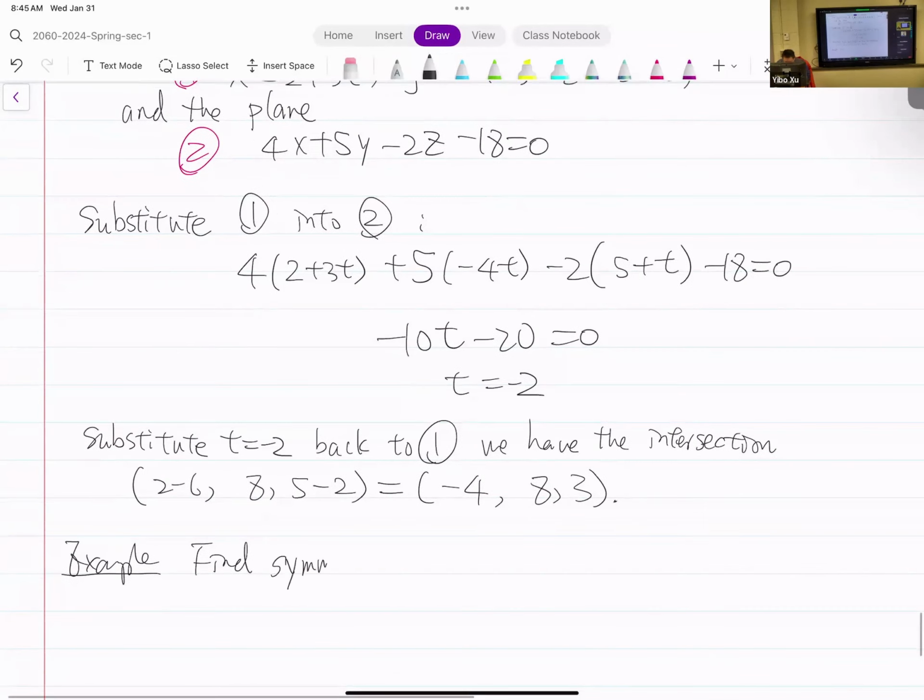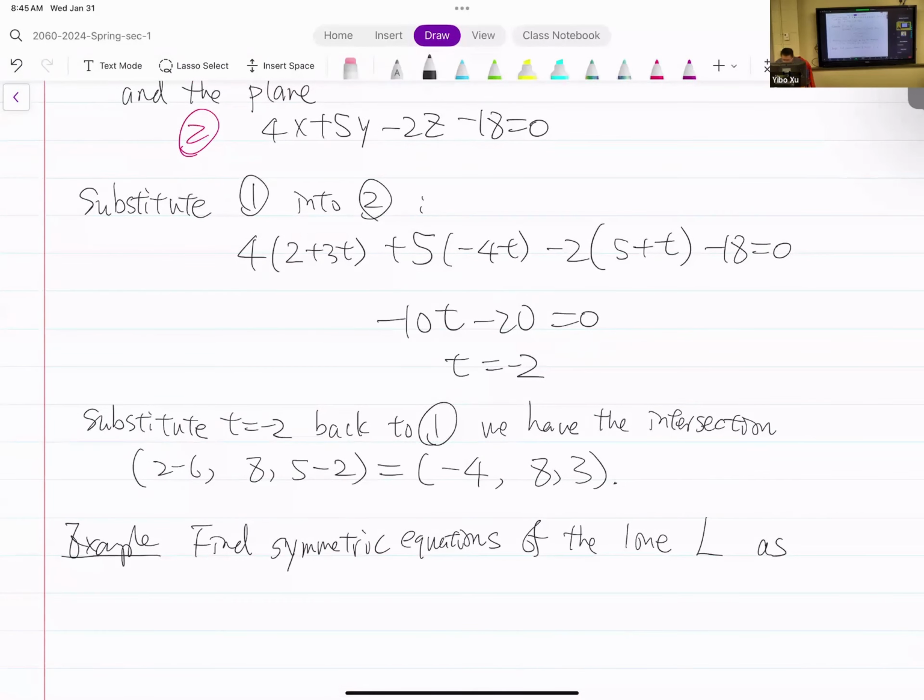Find symmetric equations of the line L, as L is the intersection of the following two planes.